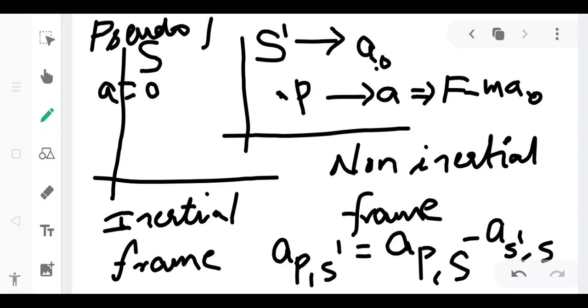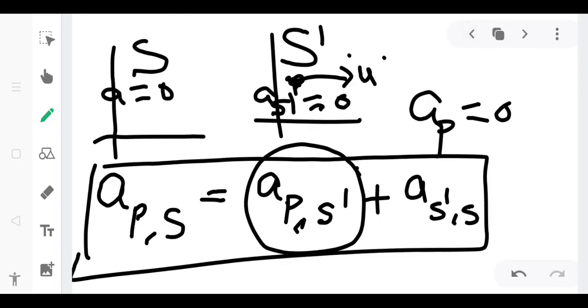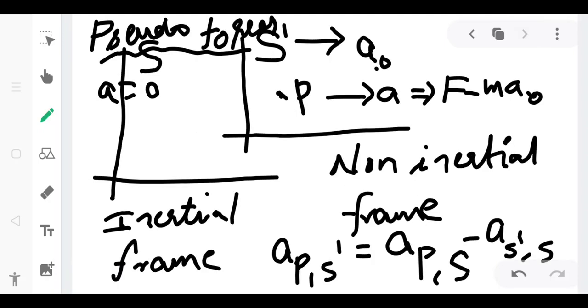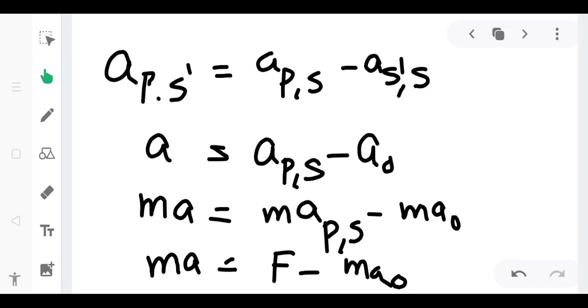When there is a non-inertial frame of reference, meaning a frame of reference that is moving and not with uniform velocity, it has some constant acceleration a naught, in that case pseudo forces will come into action.